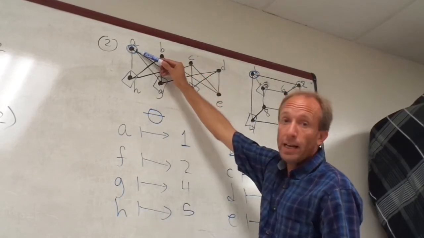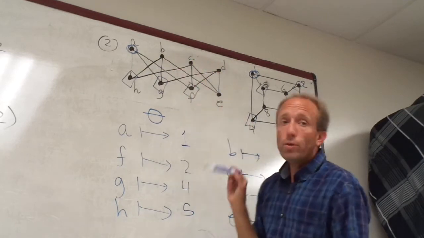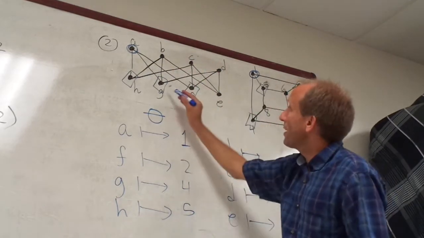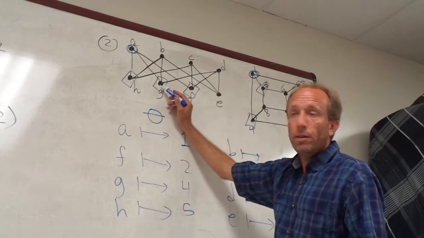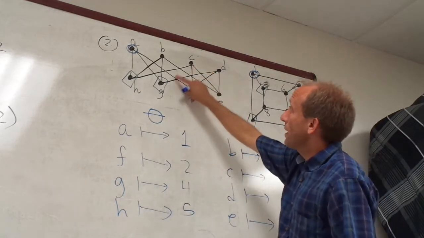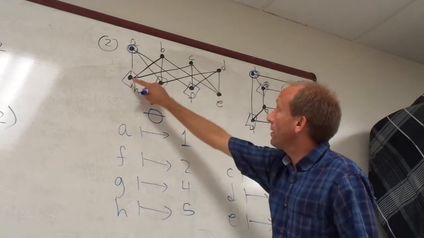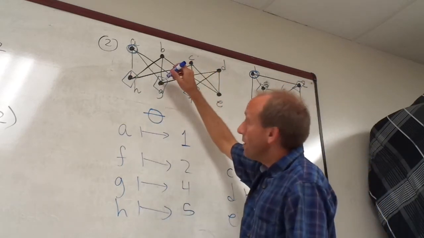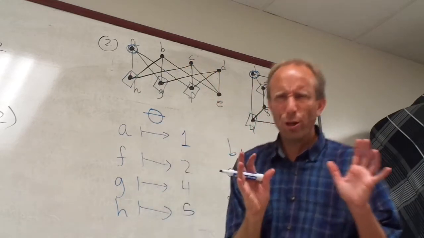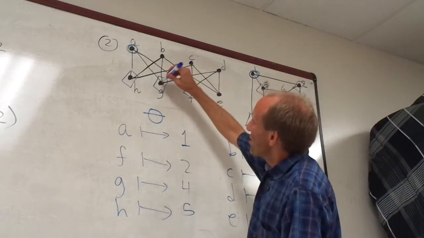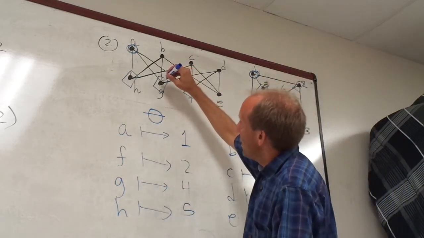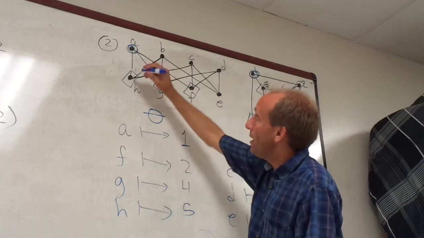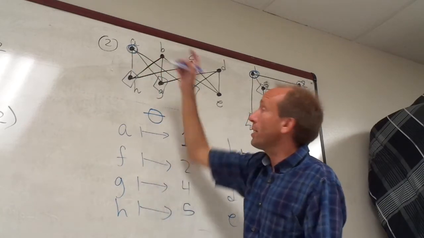And so is vertex A, of course. Those are the only 2 vertices that are connected to both H and G. So notice C is not connected to G, and D is not connected to H, and these are not connected to either G or H. The only vertex that is adjacent to both G and H, other than A, is vertex B.